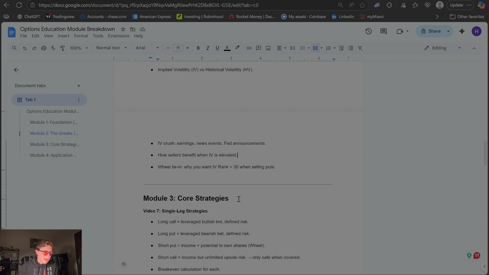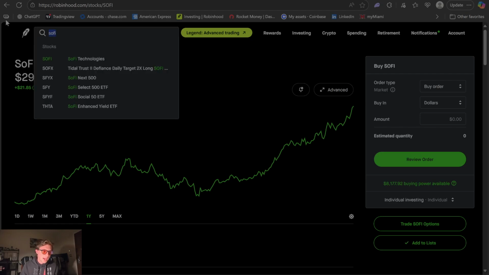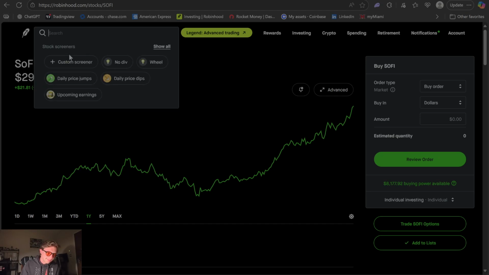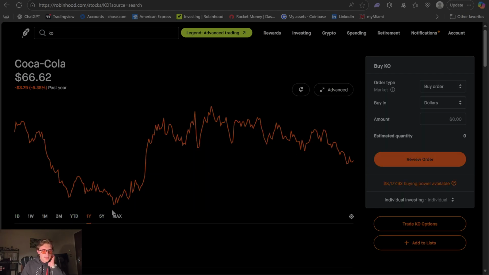So yeah, and honestly, we can ignore this. It's kind of just fluff, but people are going to want to sell when IV is a little bit higher. For instance, UPS is going to be something, or even Coca-Cola is going to be something with a much lower IV because the stock just kind of goes flat.